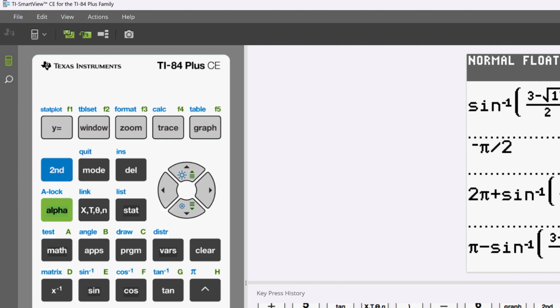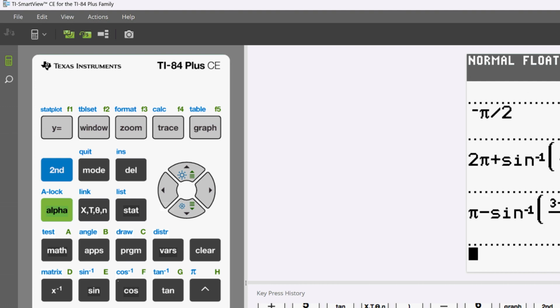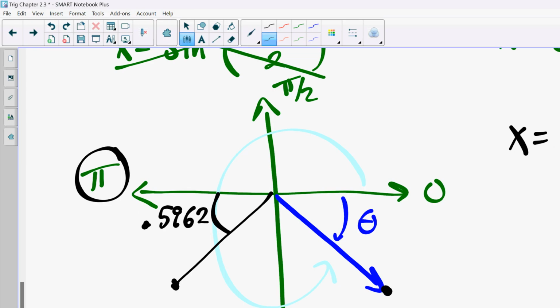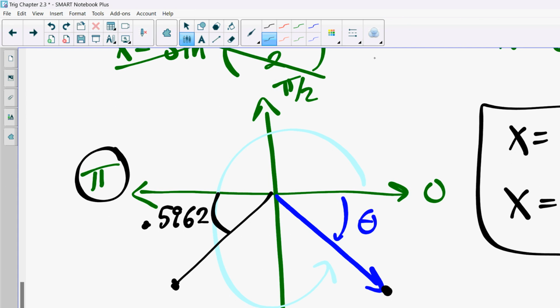What's the value of pi? 3.14, yes? So if I hit enter and I got a value smaller than it, I would need to change the sign. But here, we do get a value bigger than 3.14, so 3.7379. And that's it.